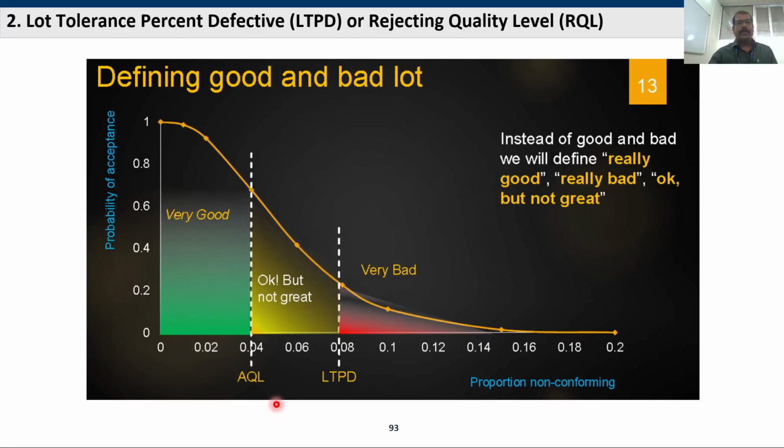If it is not within the acceptance quality level but is up to 0.08, it is not in good condition, not great. But beyond a certain point, it is very bad and we cannot accept it. So really good, not great, really bad: like that we can classify.